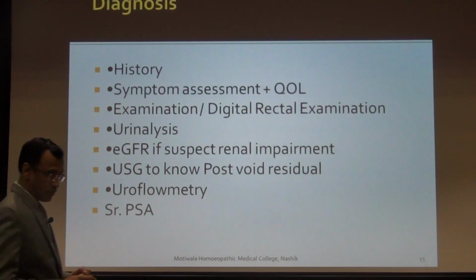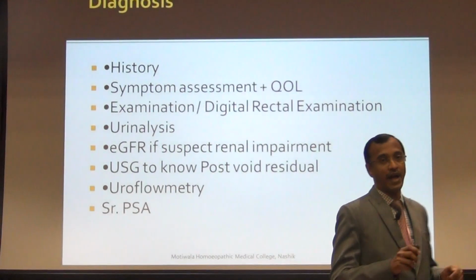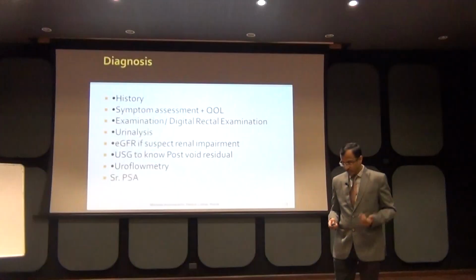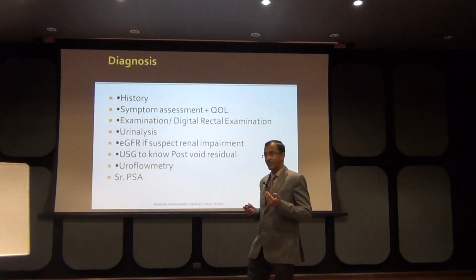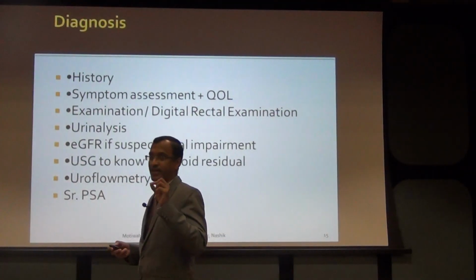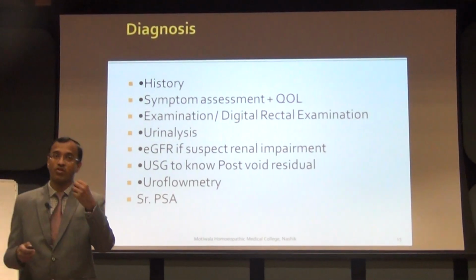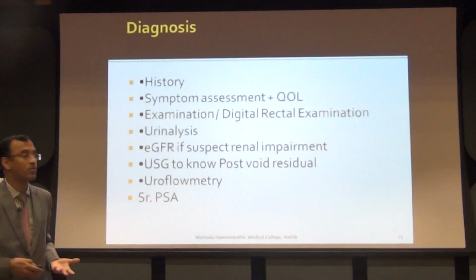Now to diagnose benign prostatic hypertrophy, the student should have skills related to history taking. First, whenever LUTS, lower urinary tract symptoms, come, the physician should have confidence and allow the patient to express his problem.